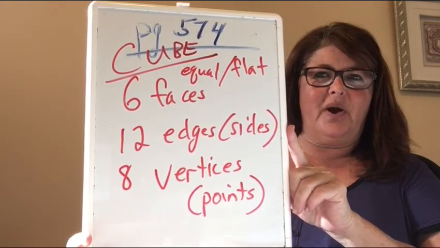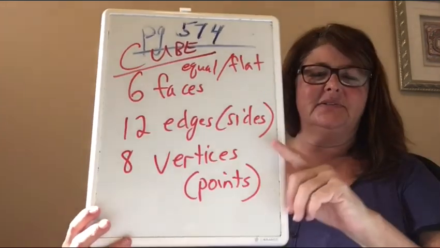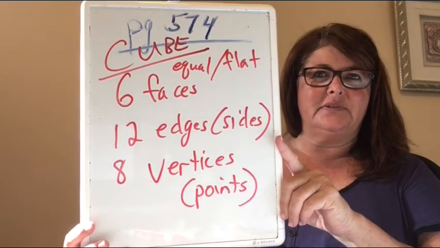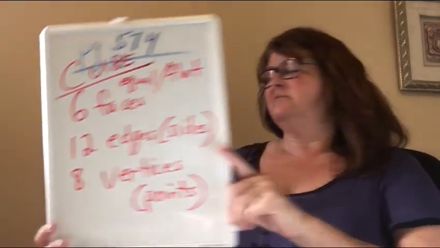It has 12 edges or sides, and it has 8 points or vertices. That's why I wanted to go over this slower with you guys, so that you can memorize what these are. Flat face, the vertice is the point, the edge is the side. Okay. Let's go on.